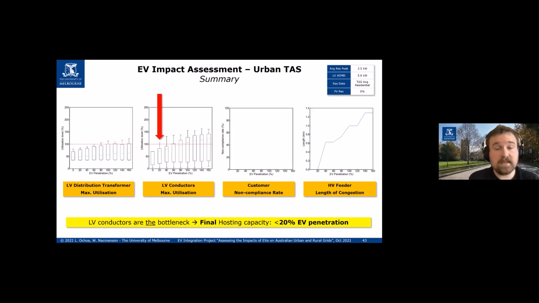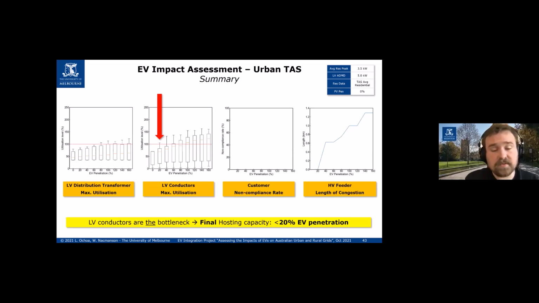So if we move on to the next slide, to the urban Tasmanian, it's a similar kind of picture. The LV conductors are again the limiting factor, this time at a slightly lower penetration, with that higher average demand and likely higher number of customers. LV distribution transformers start to overload at 80%, and by 100%, a quarter of those transformers are having issues, which is very significant.